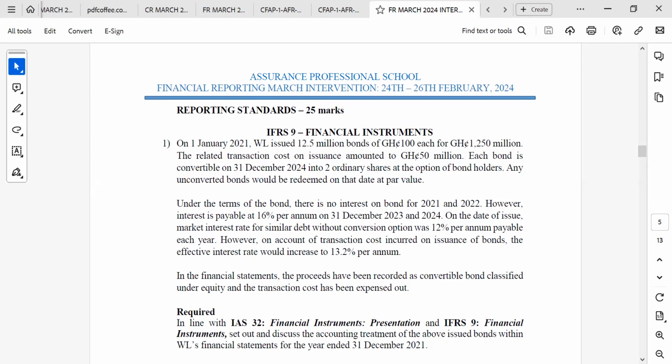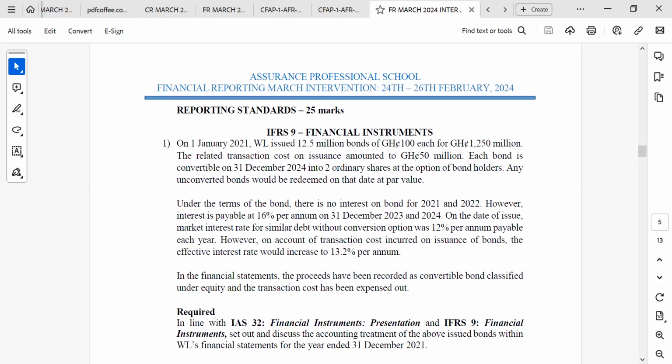Any unconverted bonds will be redeemed on that date at par value. Under the terms of the bond, there is no interest on bond for 2021 and 2022. However, interest is payable at 16% per annum on 31 December 2023 and 2024.